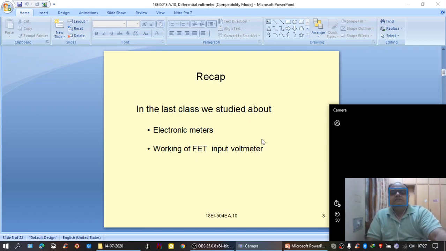Then, what is FET EVM? We have seen FET EVM, its basic circuit arrangement, and its working also.